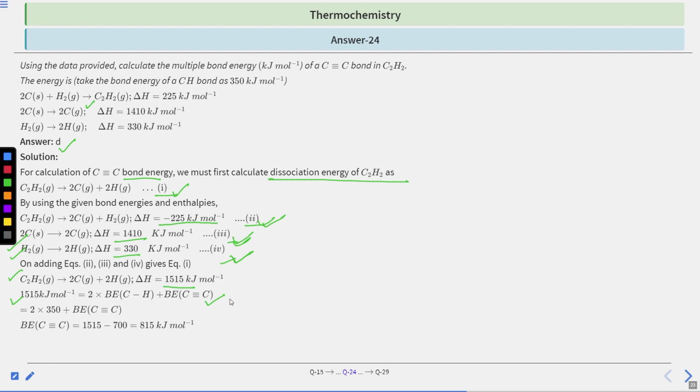And the elements are elemental, so their bond energy will be 0 because they don't have any bonds, so no energy will be needed to break them. Now on solving this equation, we have bond energy of C triple bond C as 1515 minus 700, which is 815 kilojoule per mole. Okay, that's why option D is the correct answer.